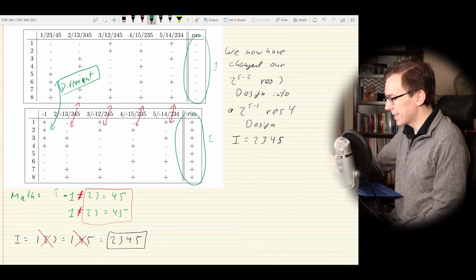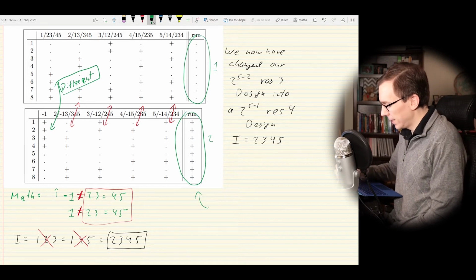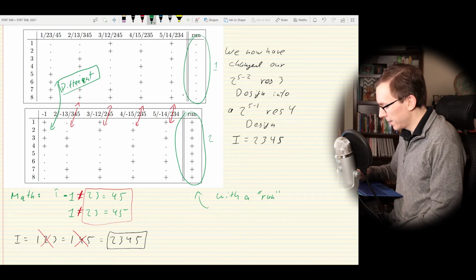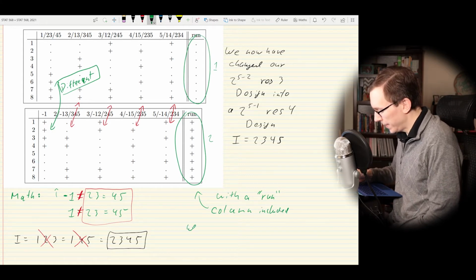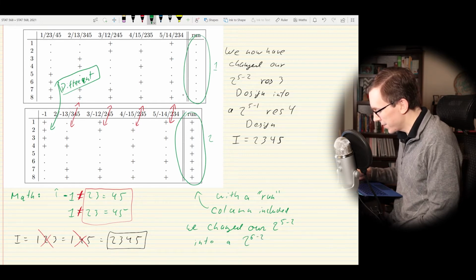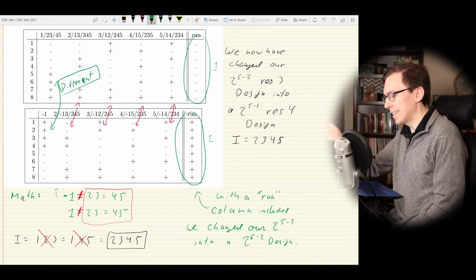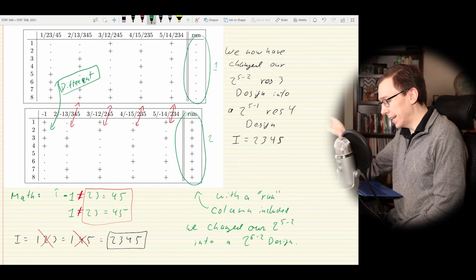Again, in this case, with a run column included, we changed our 2 to the 5 minus 2 into a 2 to the 6 minus 2 design, because the run column can be treated as another factor in our design.